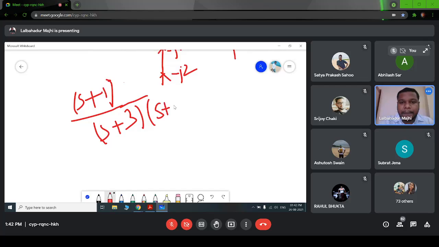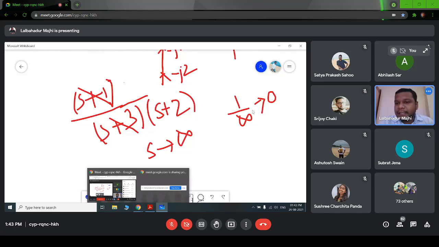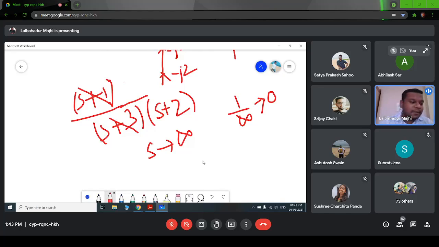As s tends to infinity, the pole and zero will cancel out and we are left with 1 by infinity. This value is undefined, but we consider it as 0. So our transfer function is now 0, which means there are zeros at infinity, because for the value of zero our system becomes 0.